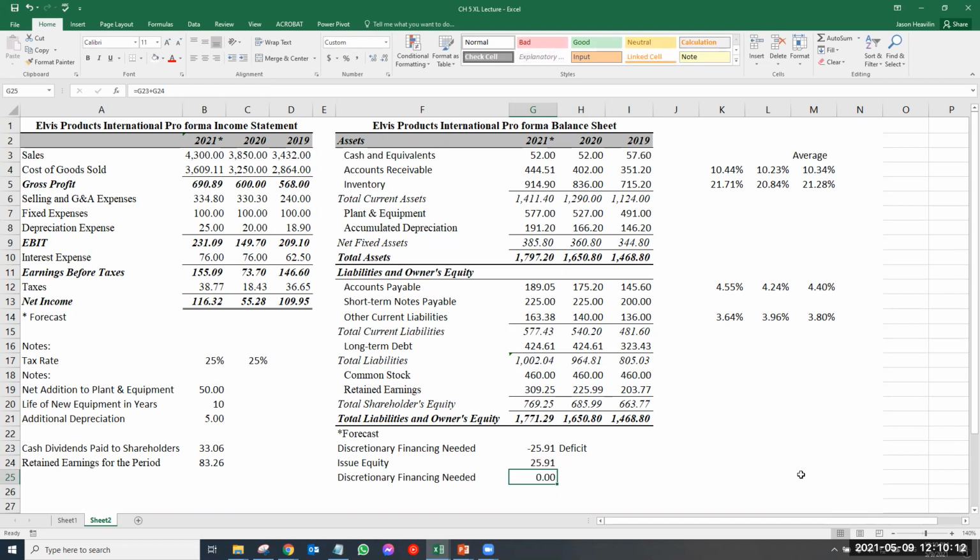So what we have to do at this point is revisit the original projection we had on common stock, meaning that now we have information telling us that it's going to change. Before we didn't, but we couldn't change it because we didn't know what the difference was going to be. Now that we know the deficit, we take that number and add that issue of equity.